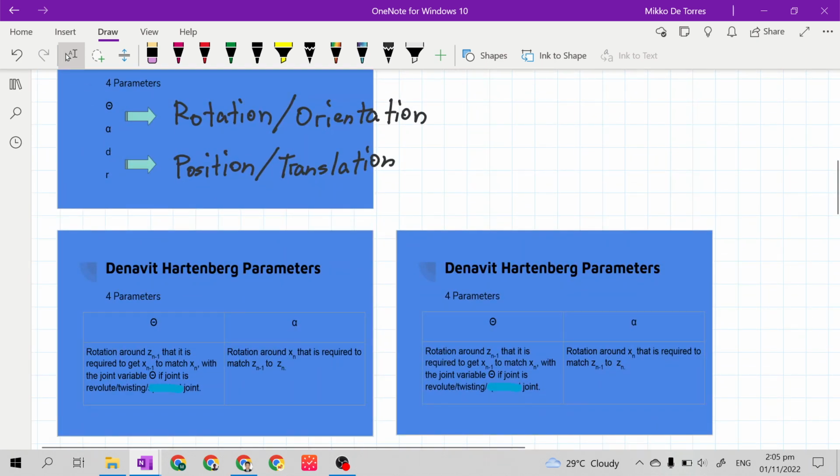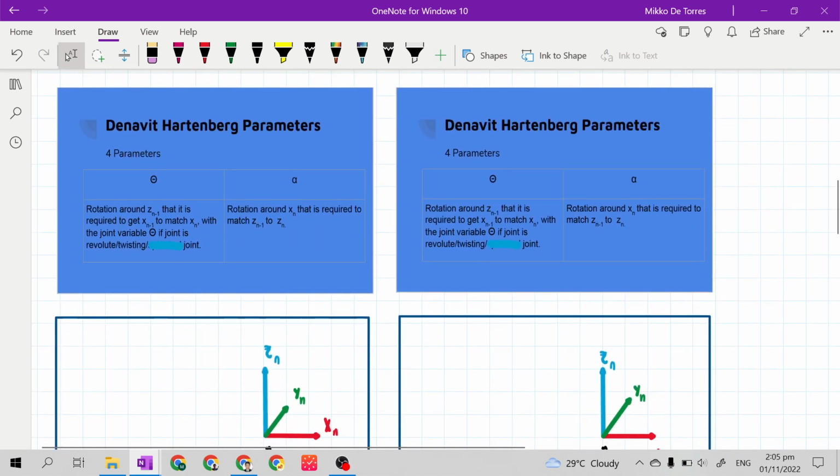So theta is the rotation around Z sub n minus 1 that is required to get x sub n minus 1 to match x sub n, with the joint variable theta if the joint is revolute or twisting.